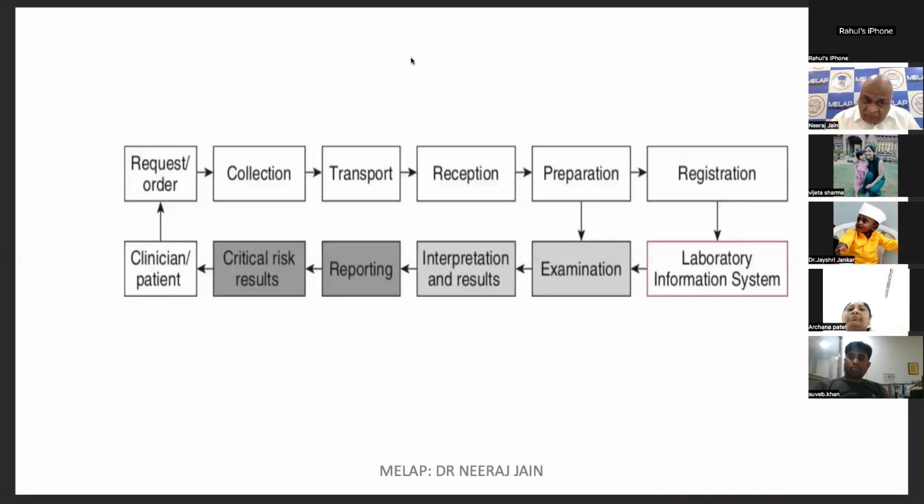Process tells you what is to be done, how it is to be done. For every step, you have to develop a procedure, a stepwise way to carry out a particular activity. But what is the activity to be confirmed? What is the activity to be done in a laboratory? That flow, whether you are writing in a flow chart or in a sequence, in a number, that is called process.